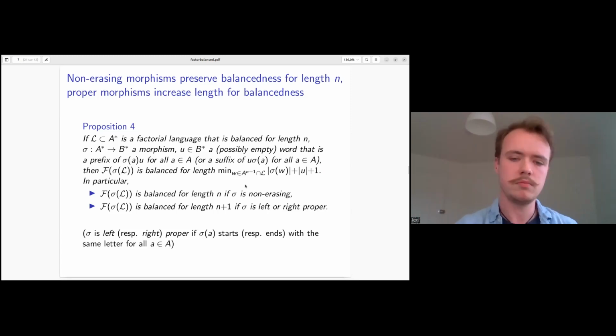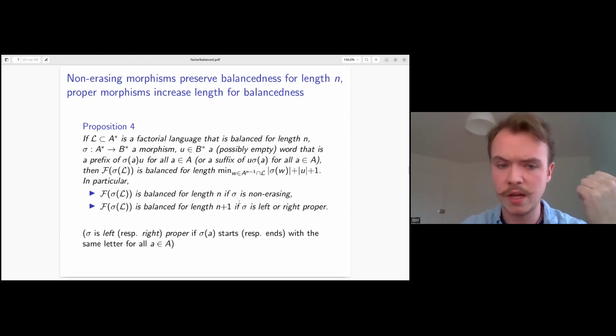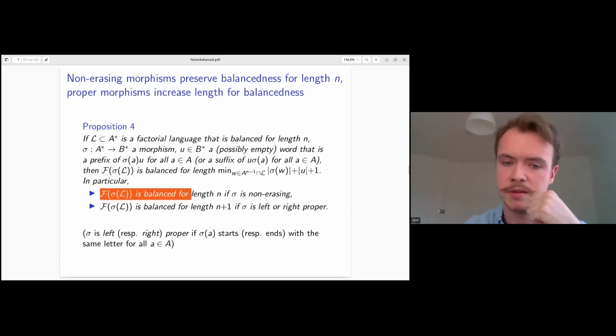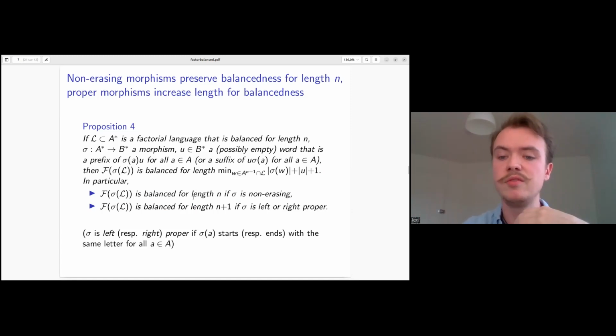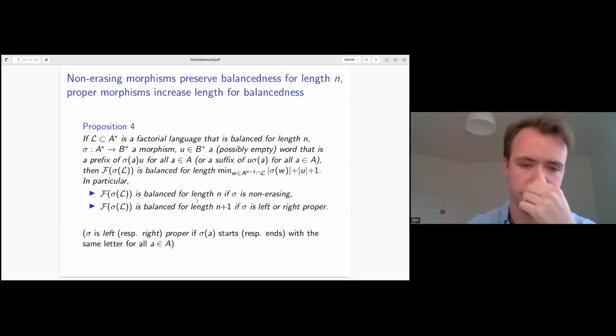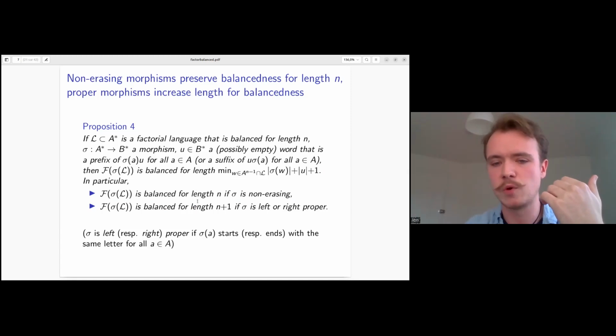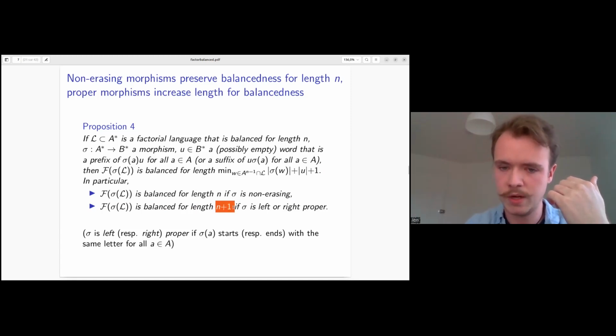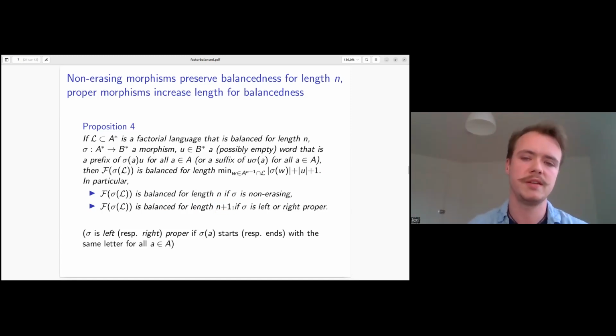But when you take classical properties for morphisms, for example, sigma being non-erasing, then you have that F sigma of L is balanced for length N. And if you furthermore assume that sigma is left or right proper, that is having the same first letter, for example, or last letter, then you have the balancedness for length N plus 1. And that will be really useful to show the balancedness for any length greater than 1.